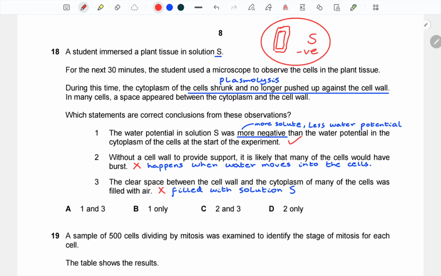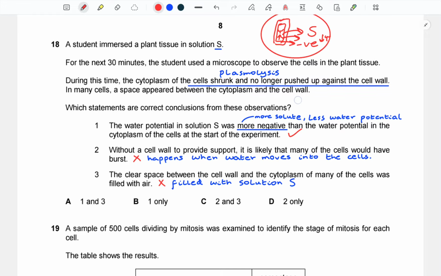More negative means it has a higher solute concentration, which means it has a lower water potential. This means this plant cell has a higher water potential. If this has a higher water potential, then water will move from higher to lower, out of the plant cell and into the solution S, which will basically lead to its plasmolysis. So this option 1 is correct.